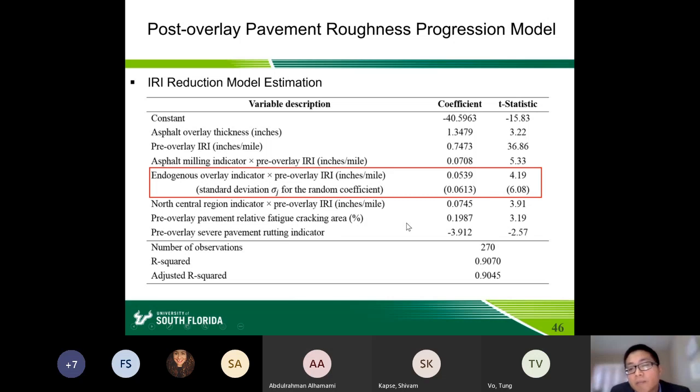The endogenous bias for different pavement sections may vary from one section to another. So that's why the effect of the endogenous overlay on the roughness reduction is random instead of a fixed effect. Thank you.